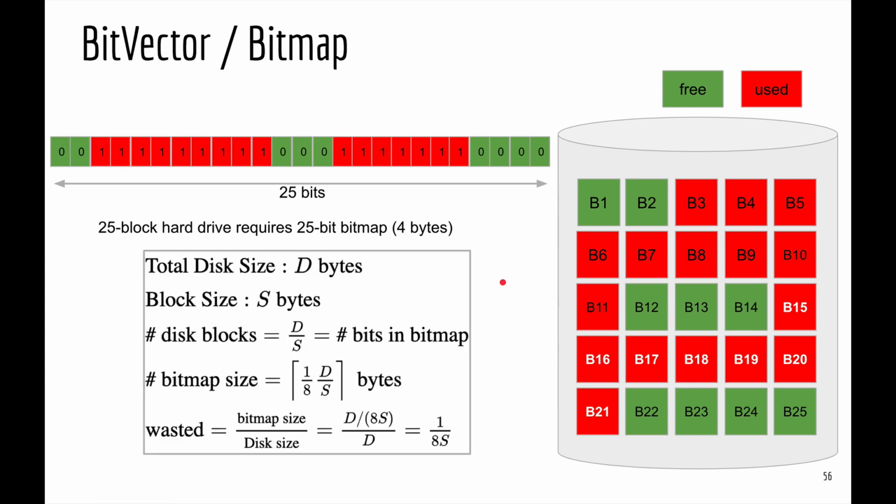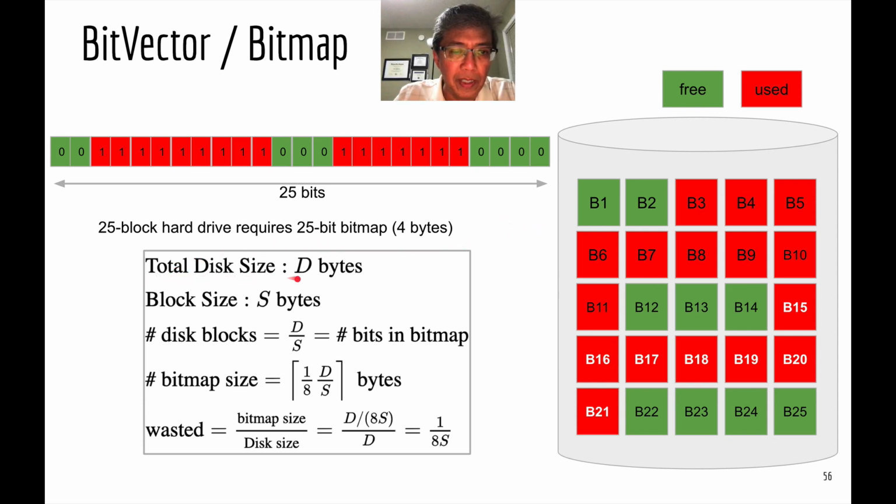Let's look at the overhead of wasted space by allocating the bitmap in our disk. If we have a total disk of size d bytes and the size of each block is s bytes, that means the number of disk blocks in our disk will be the total size divided by the block size, d over s.